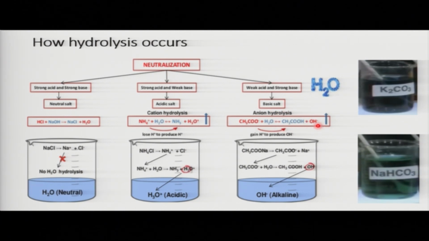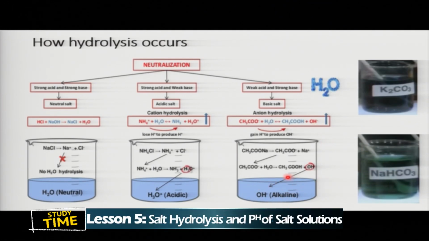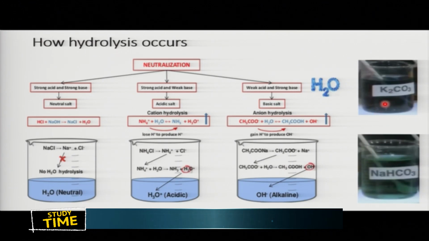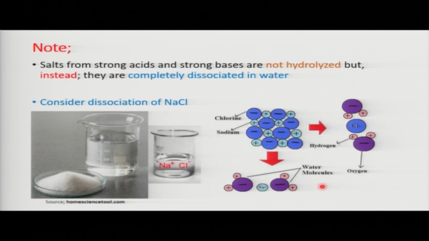So it releases OH in solution, making the solution alkaline. Potassium carbonate or sodium hydrogen carbonate also release OH in solution to be alkaline. So I want us to look at sodium chloride, which is neutral.